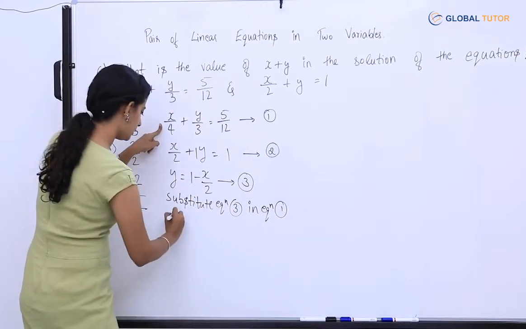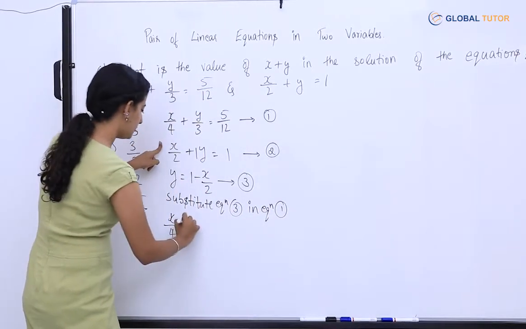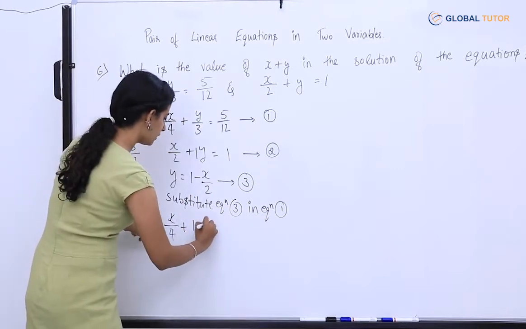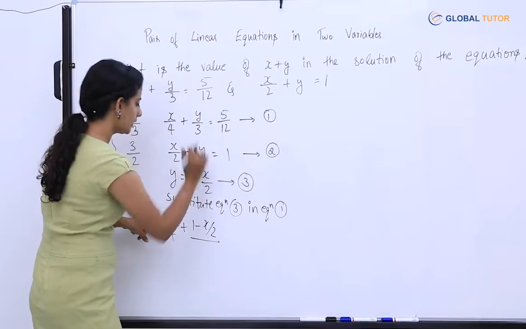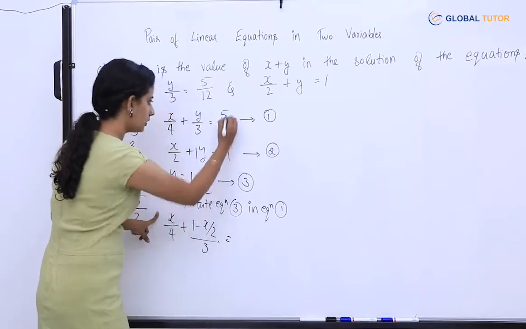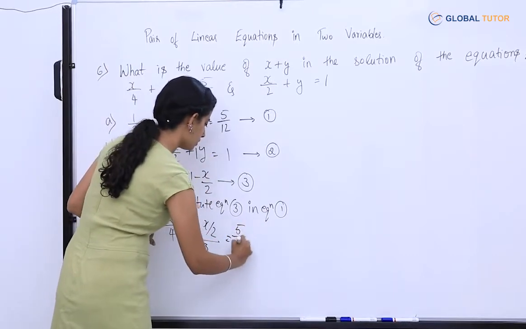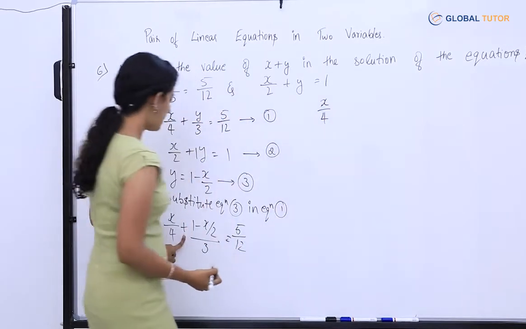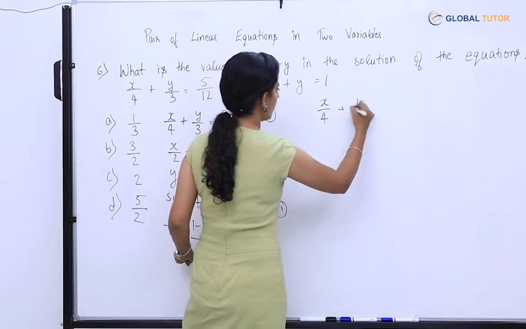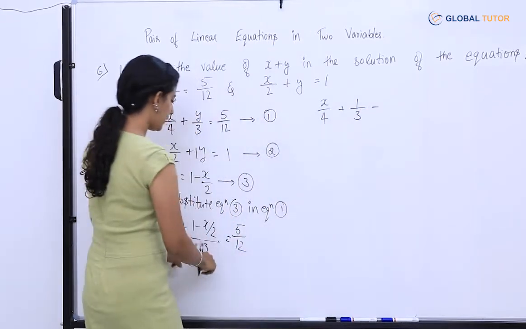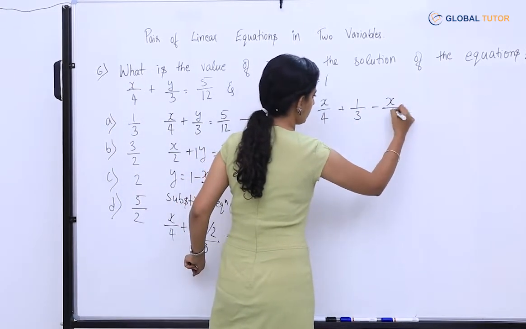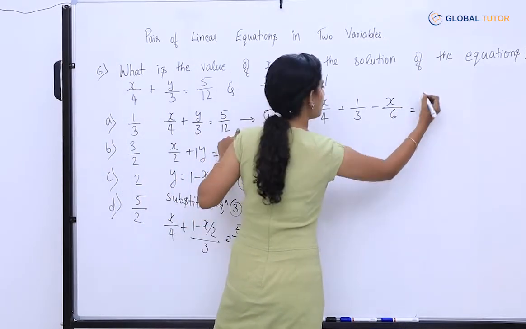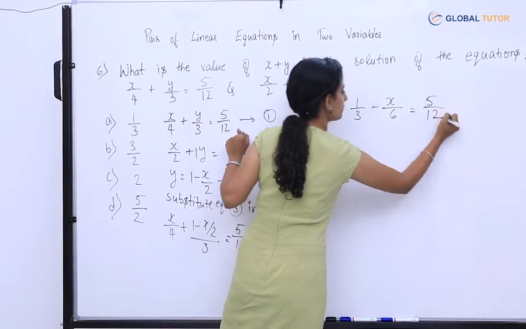So x divided by 4 plus y, y is 1 minus x by 2, divided by 3 is equal to 5 by 12. So what happens to this? x by 4 plus 1 by 3 minus x divided by 6, that is because 2 into 3 is 6, is equal to 5 divided by 12.